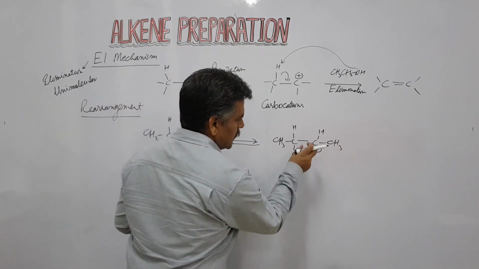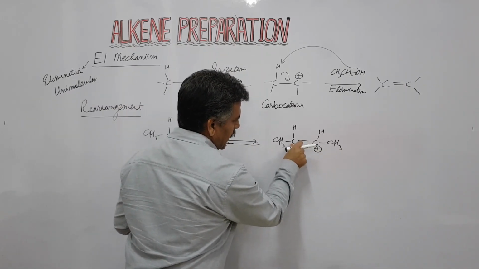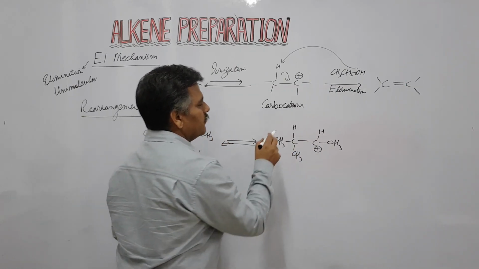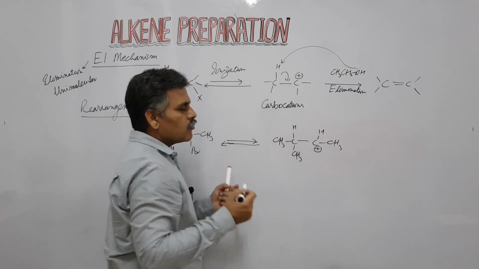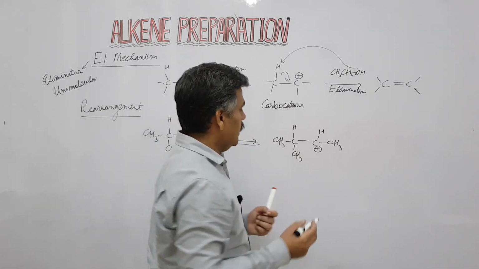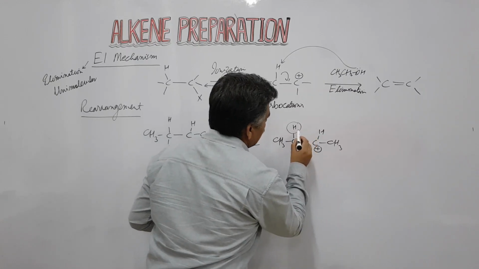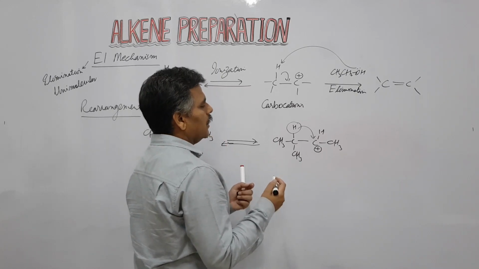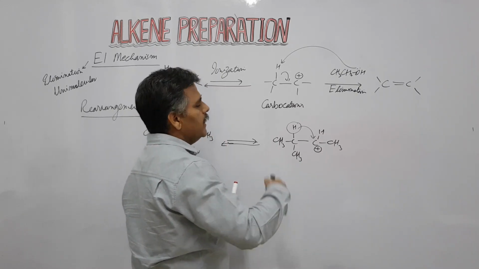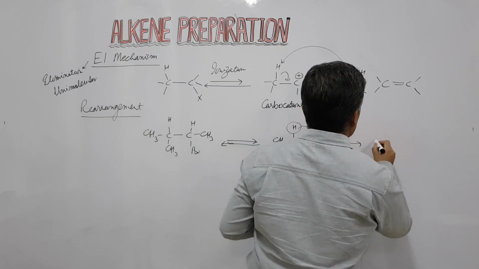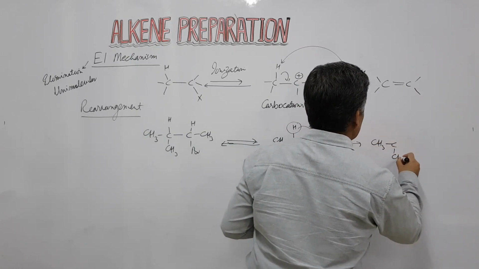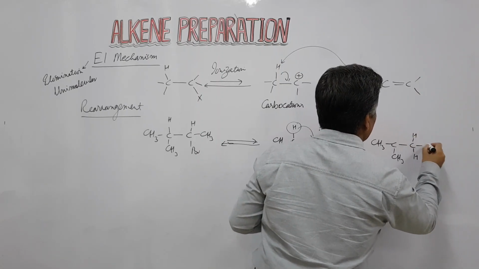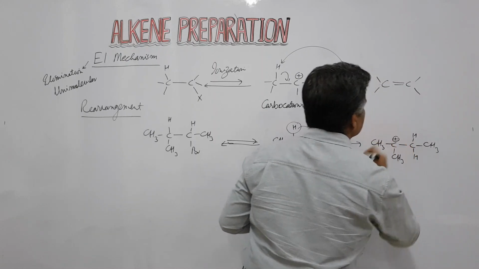If you look at this carbocation, this carbon is attached with two carbons, that's why this is a secondary carbocation, and there is a chance for the shifting of this H to this carbon. This is normally known as hydride shift. This hydrogen migrates from this carbon to this carbon. So it rearranges the carbocation, meaning conversion of one carbocation into another. Then we have CH3C, CH3, CH2 and CH3.